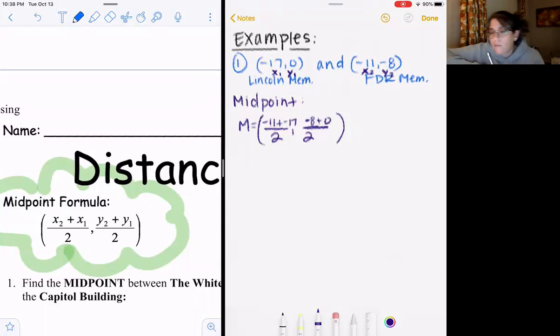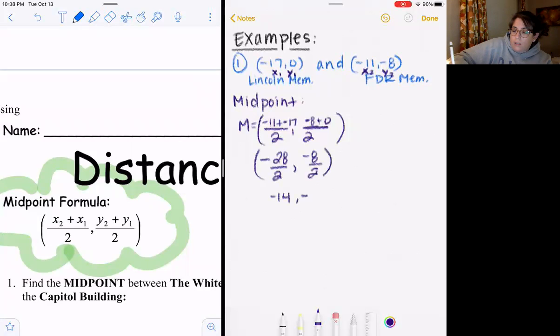So -11 plus -17 is -28 over 2, and then -8 over 2 because plus 0. So that would be -14, comma, -4. So the midpoint between those two locations is -14, -4.